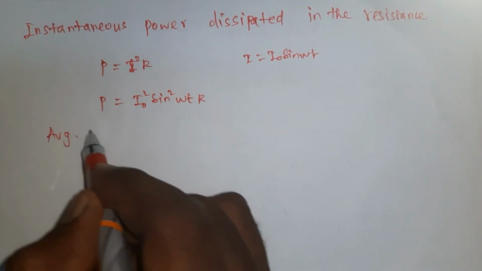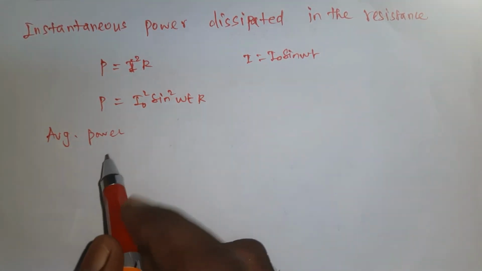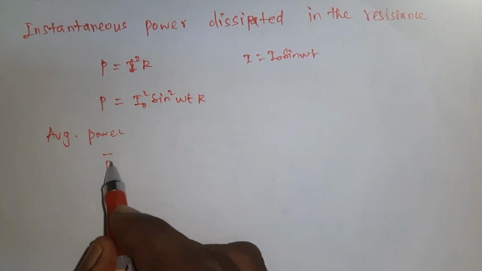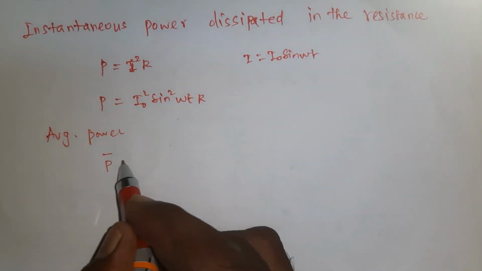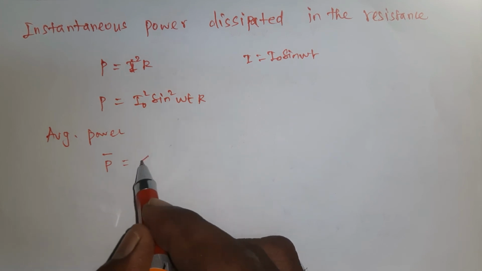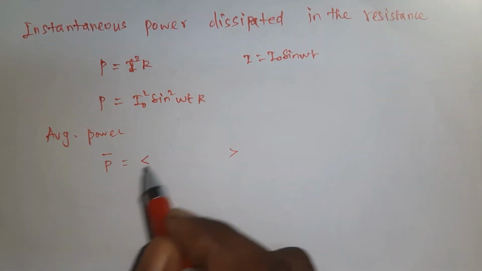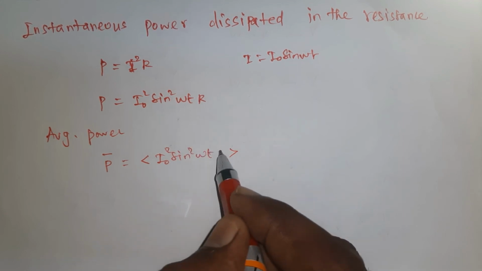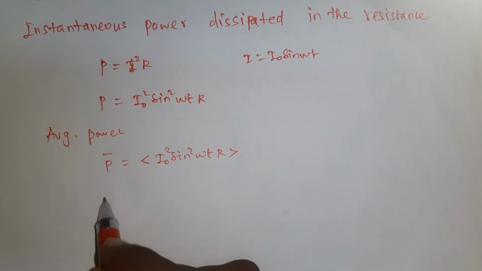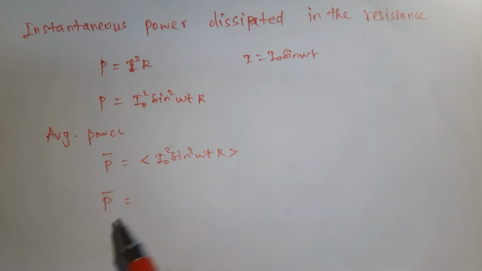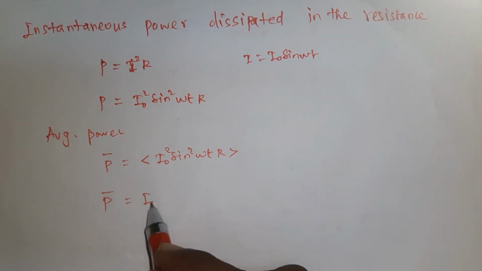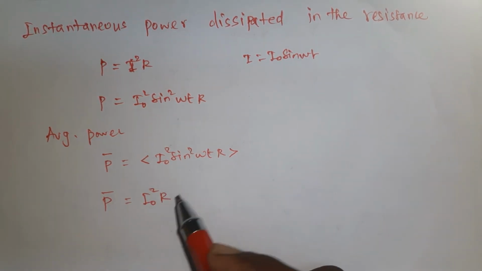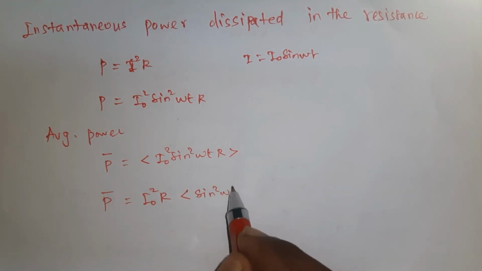Next, the average value of power over a cycle. Next, we will find the average power. The bar over the P represents average power, and this bracket represents the average value, so I naught squared sine squared omega t into R. Our average power is equal to I naught squared, since constant values you can take out, then the average of sine squared omega t.